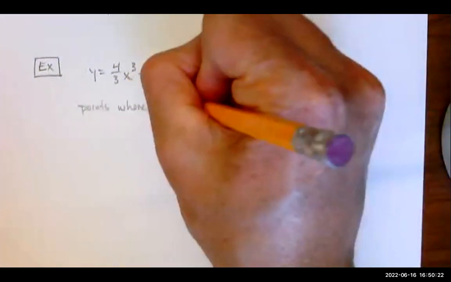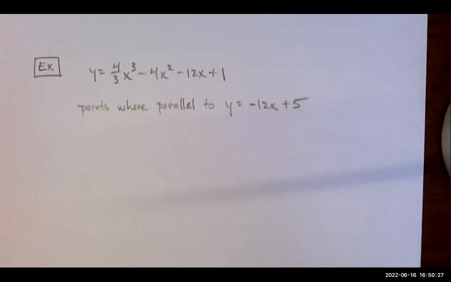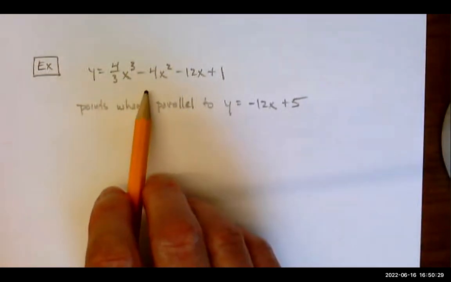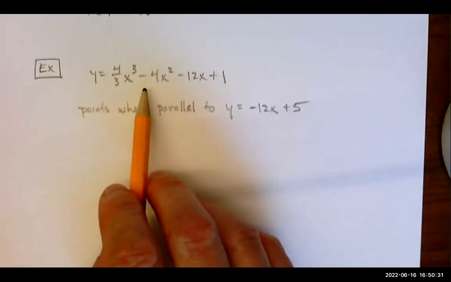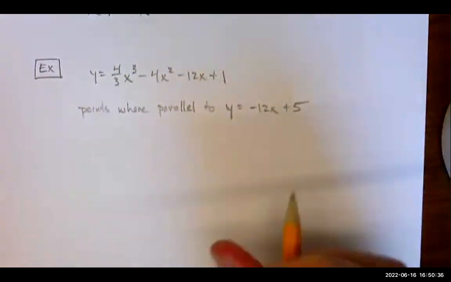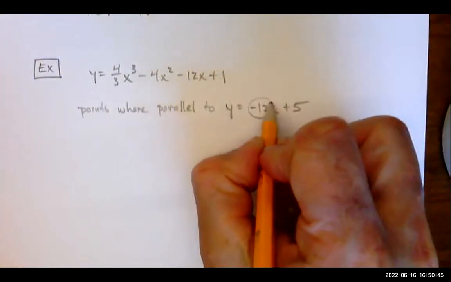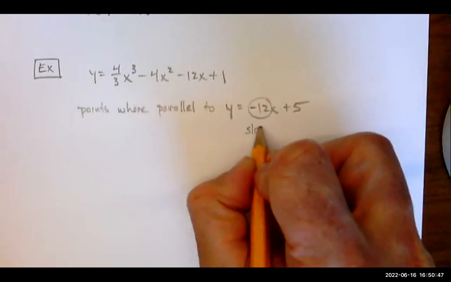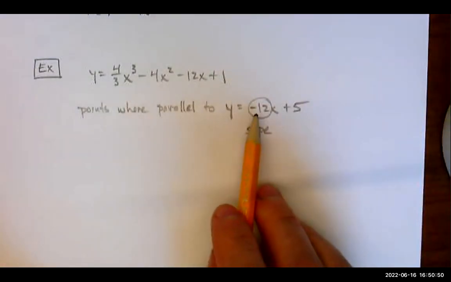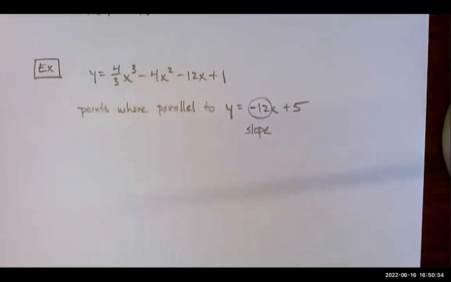Okay, so let's think. If we're trying to find where there are tangent lines parallel to this other line, what attribute of this other line do we really want to key in on and focus on? And it's the slope. We notice that this line has a slope of negative 12. We want lines that are parallel to that, so they need to have the same slope.